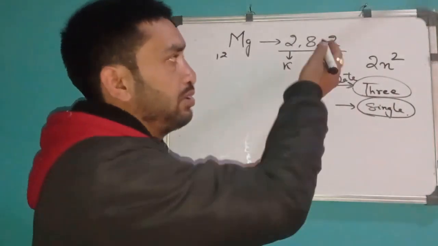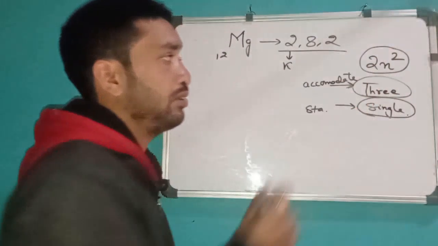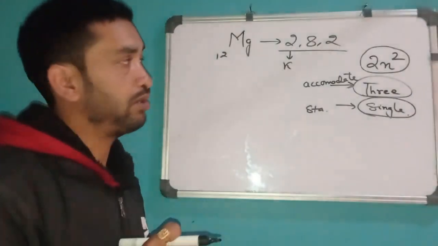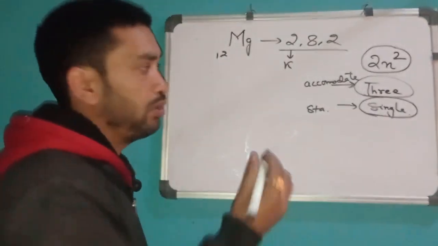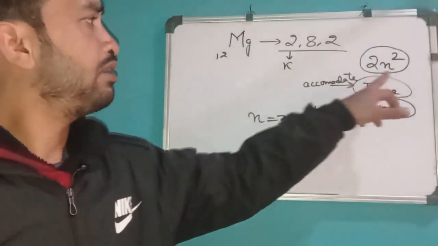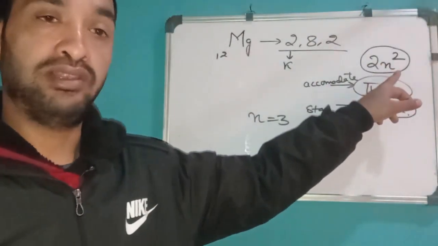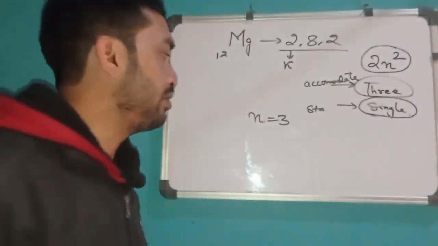For example, in the third shell, look at this formula, 2n square. Third shell means n equal to 3. Here n means the number of the shell. For K, n is 1. For L, n is 2. For M, n is 3. So I am talking about the third shell, M shell, n equal to 3.